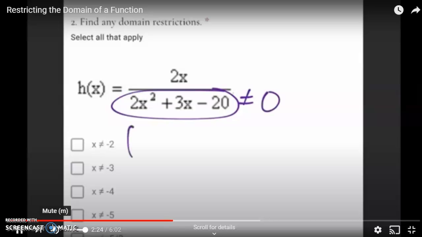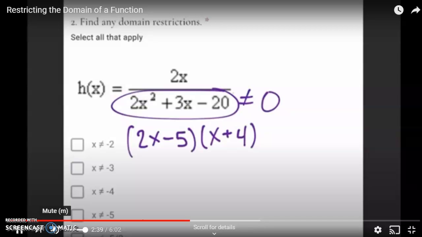So we're going to factor out this denominator, just using the factoring skills you already have. And we're going to set each factor unequal to 0.